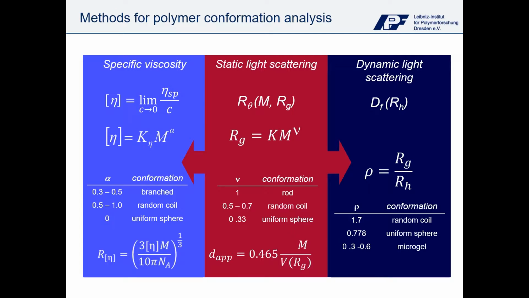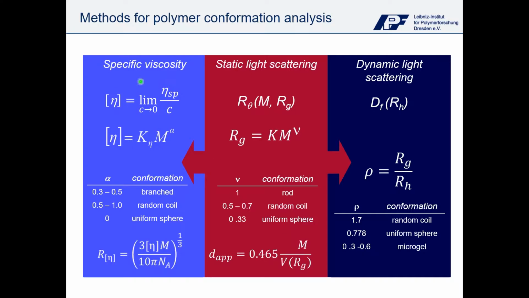Additionally, we can obtain also the viscosity radius out of the intrinsic viscosity and the molar mass using this equation. So you see that using viscosity detection, static light scattering detection, and dynamic light scattering detection, we can obtain three different radii: the radius of gyration, the hydrodynamic radius, and the viscosity radius.